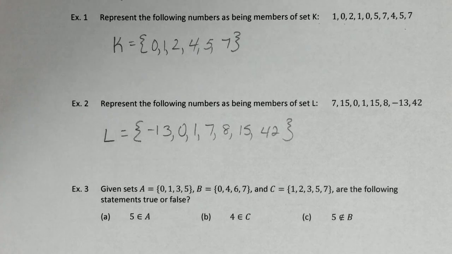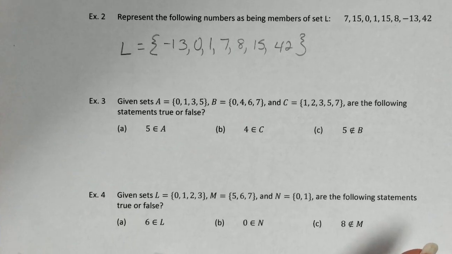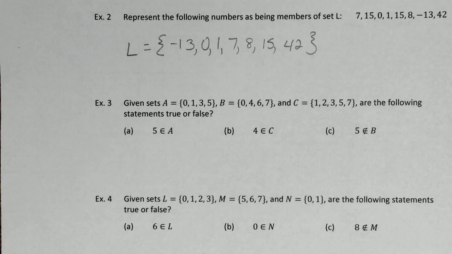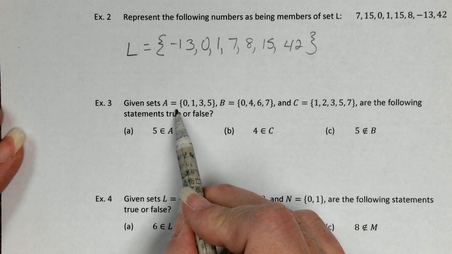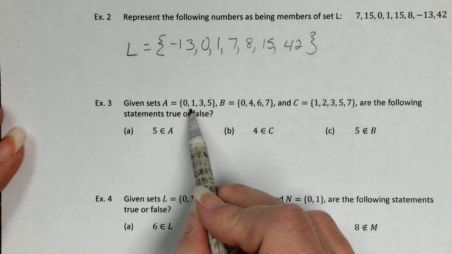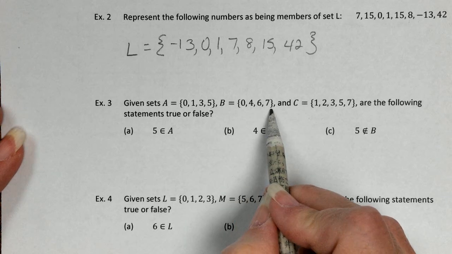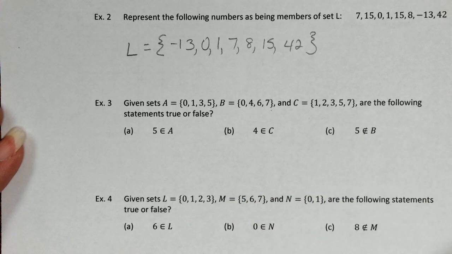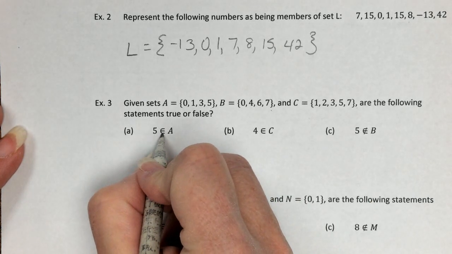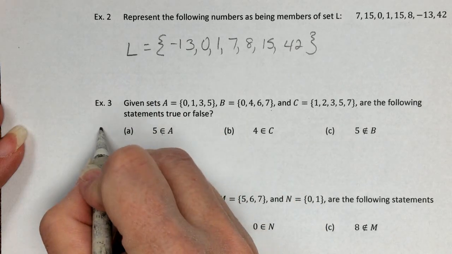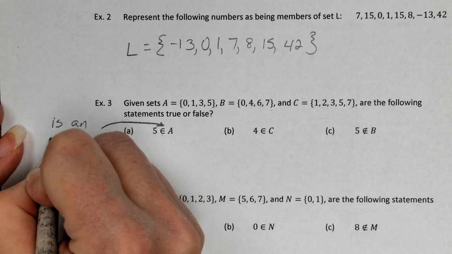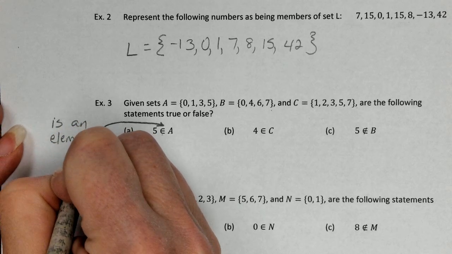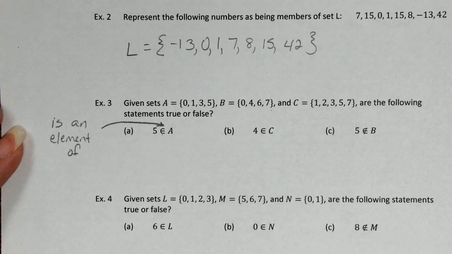Alright, now we're getting a couple of new symbols down here. We'll label what they mean. In example 3, we have 3 different sets listed here. These are all finite sets. 4 elements in set A, 4 elements in set B, and 5 elements in set C. So this symbol right here means is an element of, or is a member of.